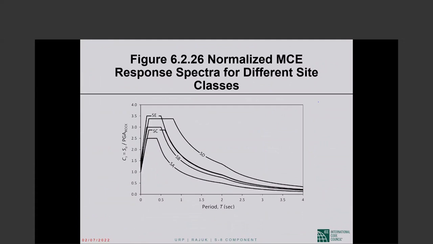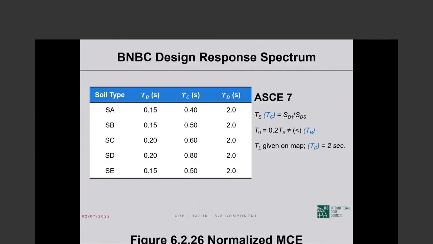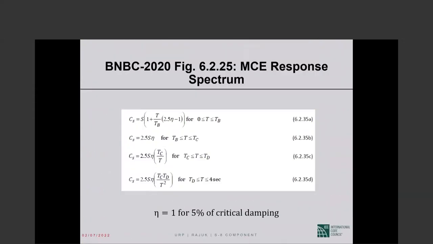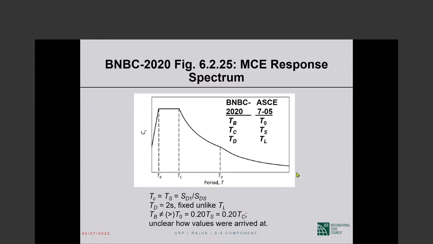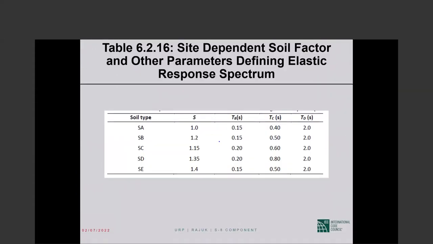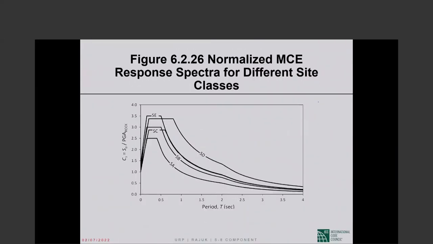Now, when you plot this spectrum for the different soil types, so for each soil type, point B is defined, the point C is defined, the point D is defined.